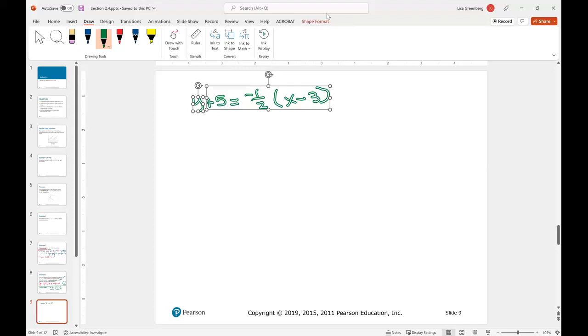And then what we're going to do next is turn it into slope intercept, okay? So we start with this. This is in point slope. Next, I'm going to put it in slope intercept.